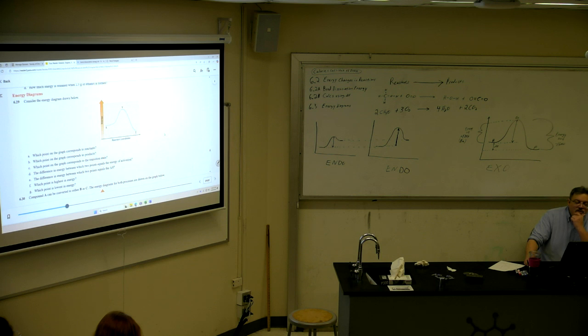And it's always true for any reaction. It's right there at the peak of the transition. In this case, which point is the lowest energy? Z. They don't ask this, but is this endothermic or exothermic? It's exothermic. However much energy you put in, you lose more energy than you put in. So it's exothermic.